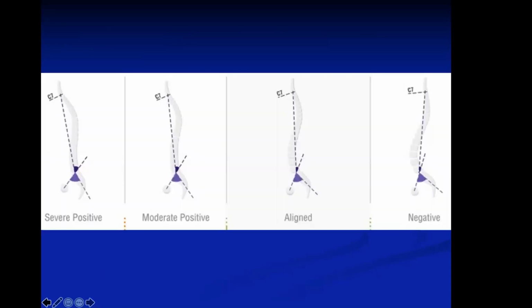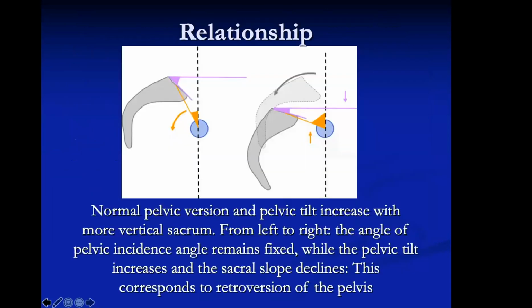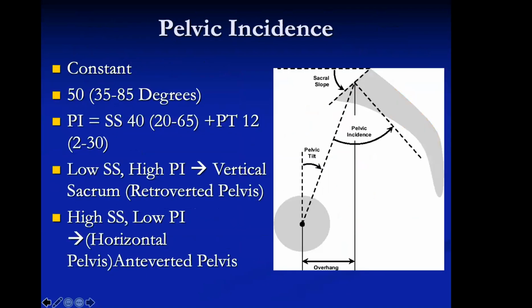So this is also seen, as I said, in a situation where the patient has, by constitution, a vertical sacrum. So if it is in the lower ranges of normal, if the patient already has lower pelvic incidence, a vertical sacrum, there is not much compensation that is possible.